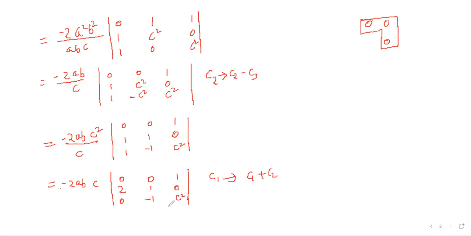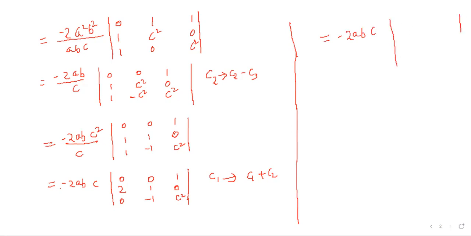0, c square. Now if you cross row 1 by 2 rows, minus 2ABC. First row is brought in place of third row.